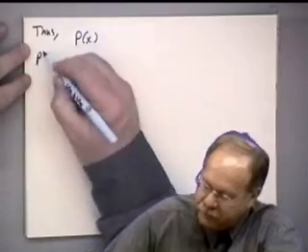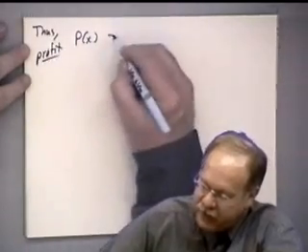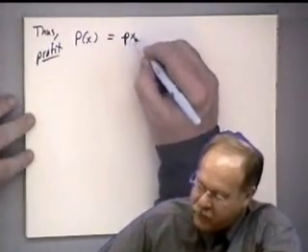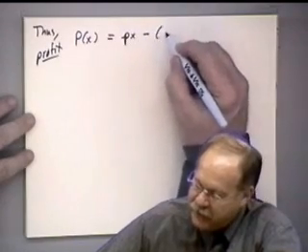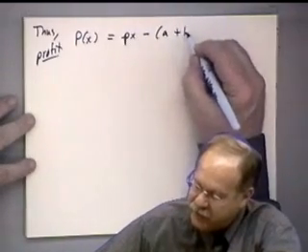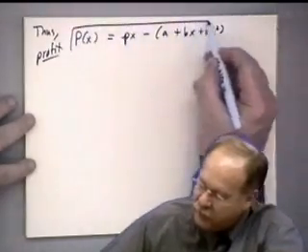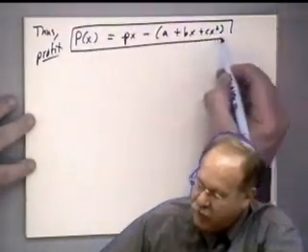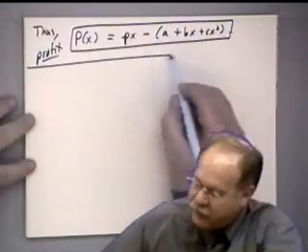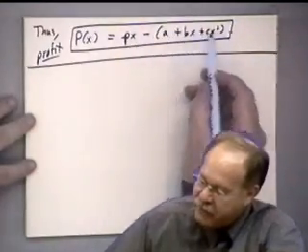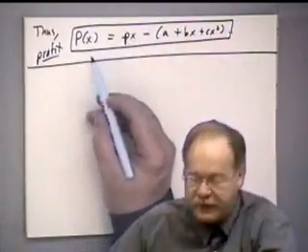Profit, P of x, can be written as the revenue, of course, which is Px, minus the cost, which is A plus Bx plus Cx squared. Now that is the formula we can use for the profit. Now we'll have to come up with the actual numbers A, B, C, and P depending on circumstances.